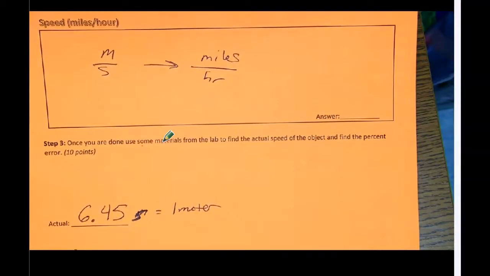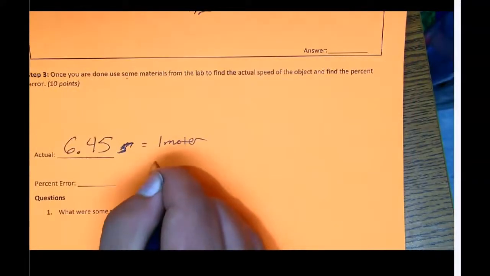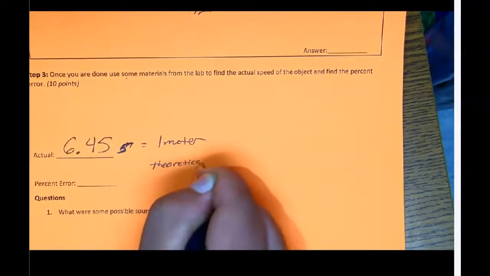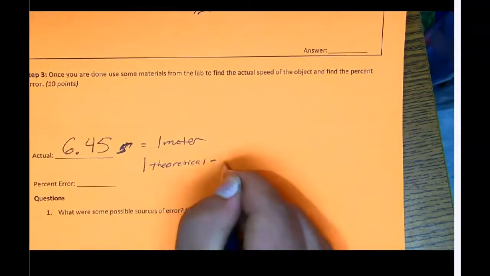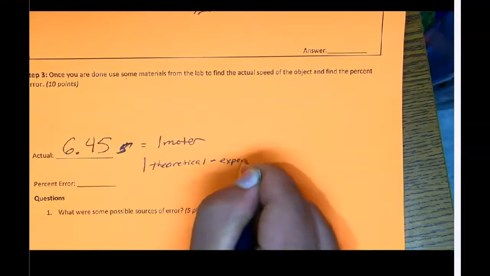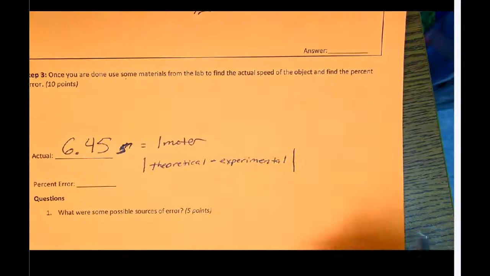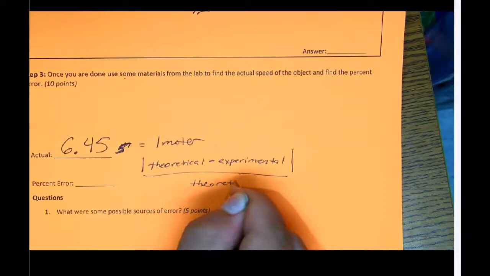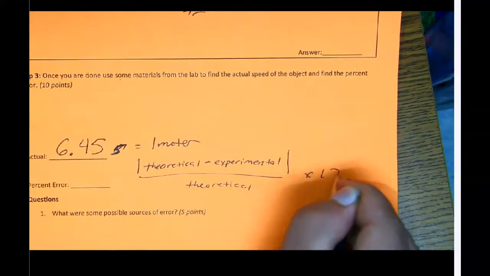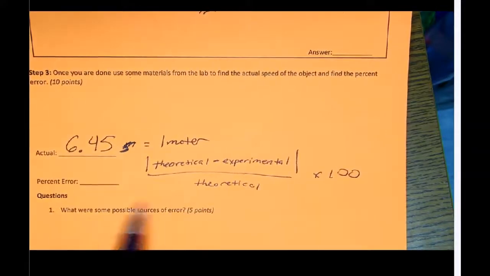To find the percent error, you do theoretical minus the experimental, take the absolute value, divide it by the theoretical, times 100. And then answer what are some possible errors.